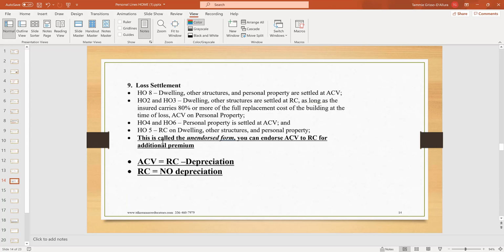Now your HO5, everything is replacement cost. And this is called the unendorsed form. This is how the policy comes automatically. Now, if you want replacement cost, you can endorse that, but it will be additional premium. Okay, so again, those are your loss settlements, and that is called your unendorsed form.